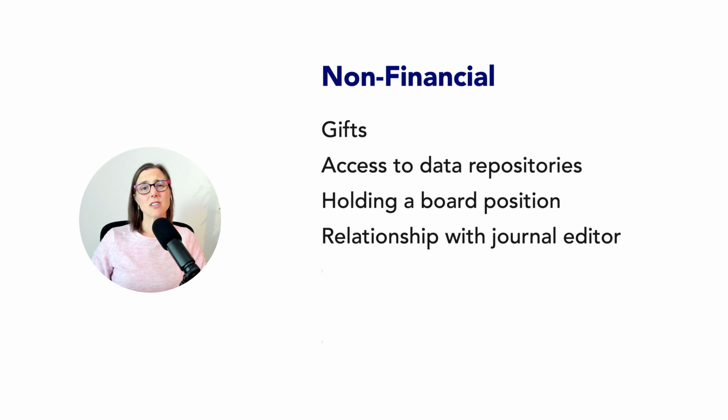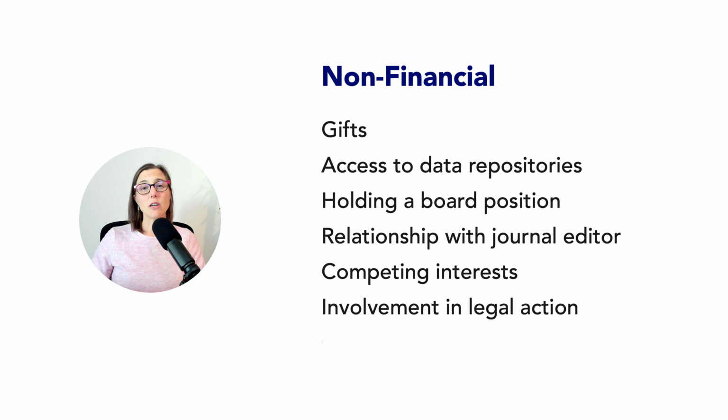You also need to disclose any other competing interests, such as personal, political, religious, or academic interests related to the work that might be a conflict of interest. For example, if you are a religious leader publishing about research related to your religion, then you need to disclose that detail. You also need to disclose any involvement in legal action related to the work.